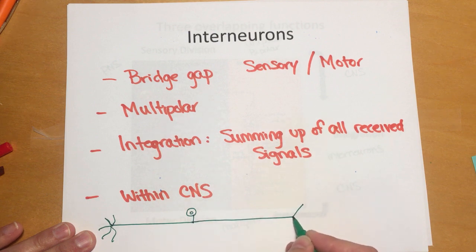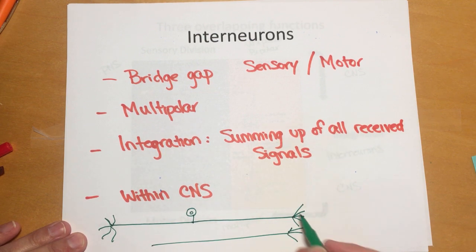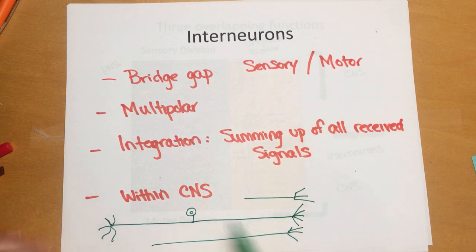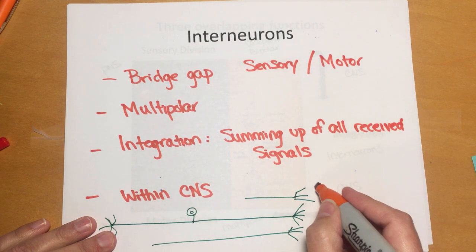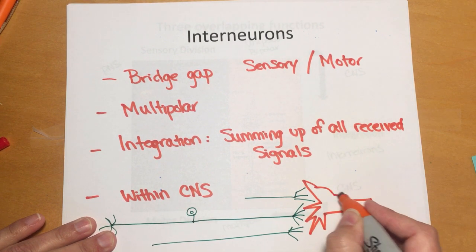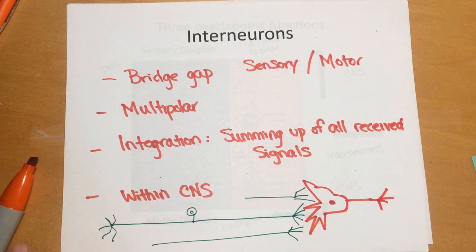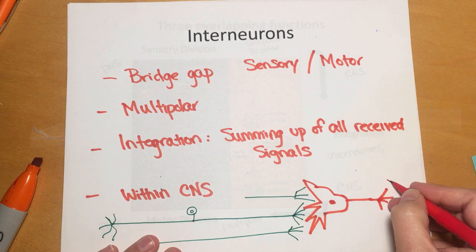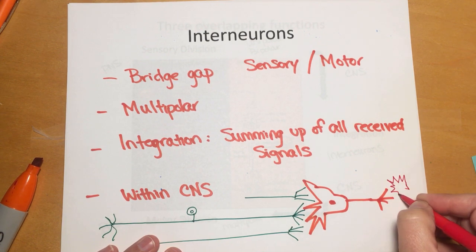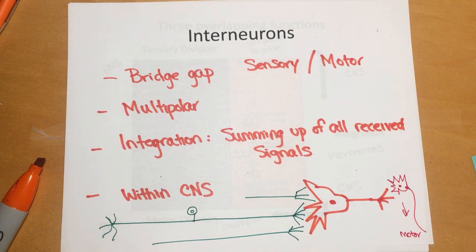And it's going to bring in information to the CNS. Now, it's not the only neuron that's coming in here. There's lots of neurons that are going to be bringing information in. And all of them are going to be giving information to our interneuron, which is then going to take that information, make some decision about it, and give that information to a motor neuron, which is going to bring it out to one of the effectors.